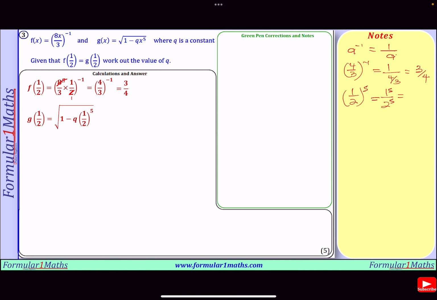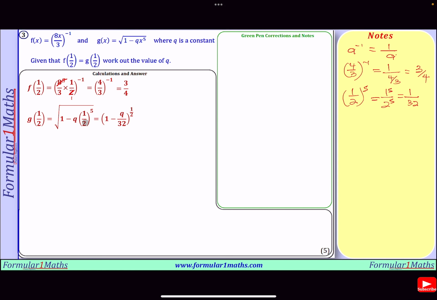But 1 to the power 5 is 1, and 2 to the power 5 is 32. So this will become 1 minus q over 32, all of that raised to the power half, because the square root is the same as raising the whole thing to the power a half.